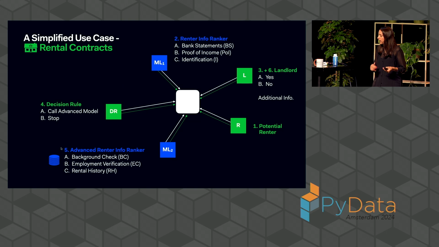That's also a ranking model that now determines should we maybe provide an additional background check, an employment verification, or a rental history. So these information sources are all a bit more costly, so we only want to apply them or provide them if they're actually necessary. And lastly, after this decision, we'll send the application back to the landlord, and he can finally approve or refuse the renter.